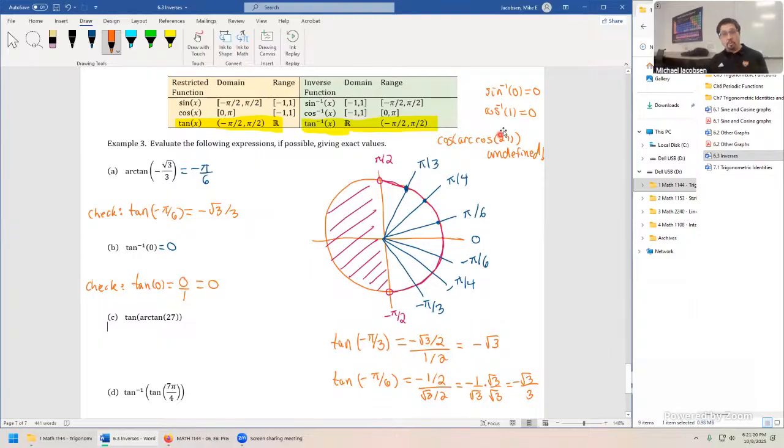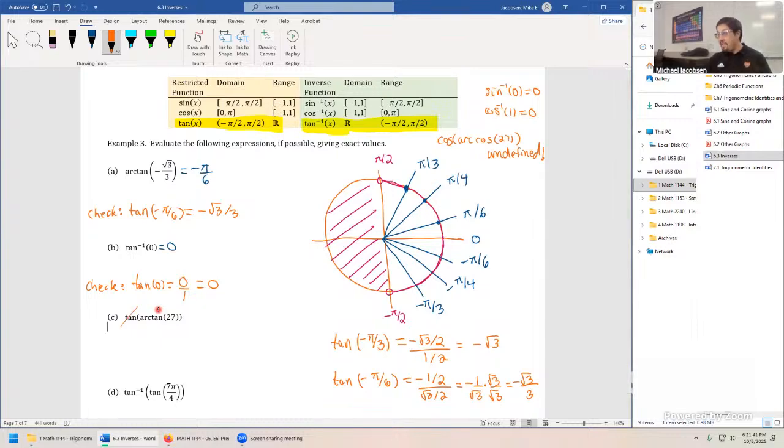And even if this was 1.000001, it's still undefined. The maximum value you can put inside cosine inverse is a 1. But tangent is special. The inverse arctangent has domain all real numbers. So there is no way to build a trick question where the tangent inverse is on the inside.